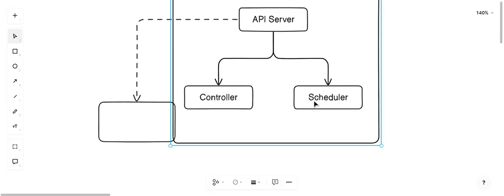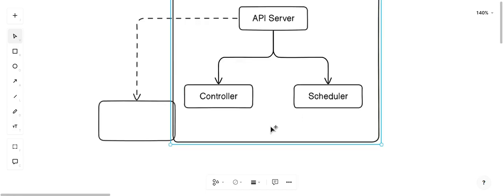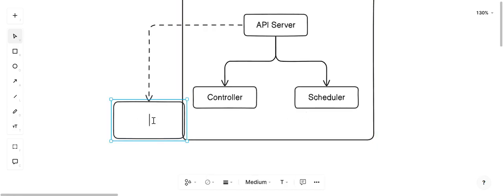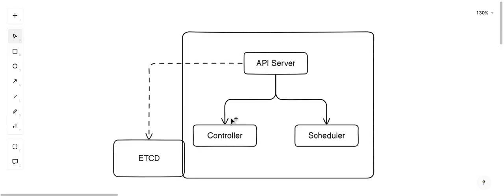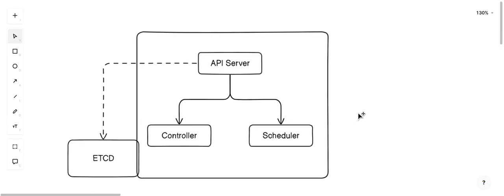So this is master node architecture. This is called etcd. Now we will understand each term: what etcd does, what the controller is doing, what the scheduler is doing, and what the API server is doing here.